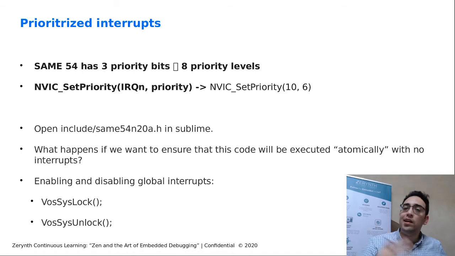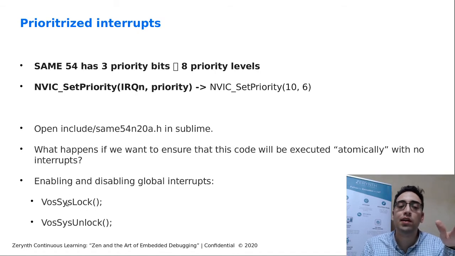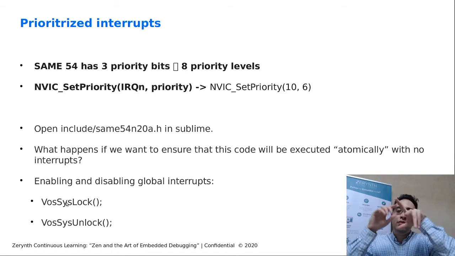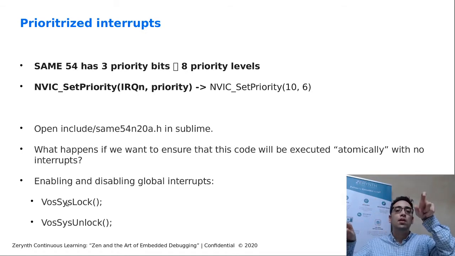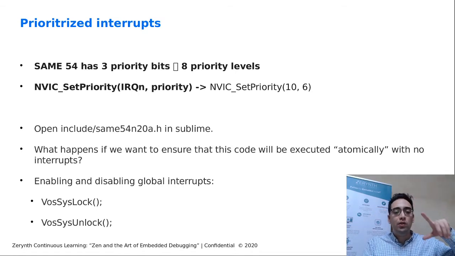Basically, we enable and disable global interrupts. In the Zerynth ecosystem, or in Zerynth Studio, you can use something like vos syslock, which locks the system. Then when you finish the piece of code that needs to be executed, you unlock the system. Between vos syslock and vos sysunlock, you can execute this code with no interrupts, essentially.